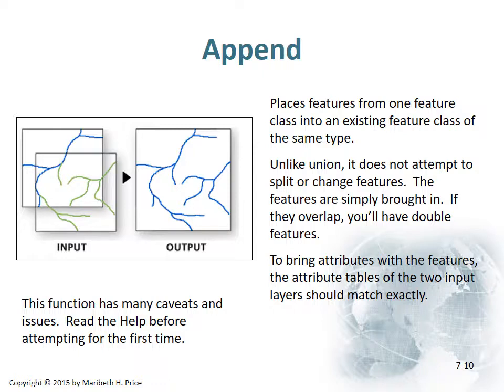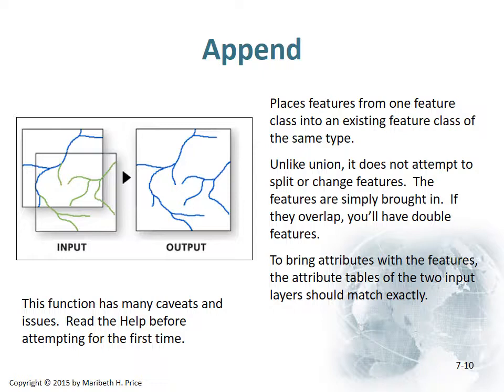Appending looks like a union, but it's not. It doesn't join those things together. They don't give the same output that a union would, or even an intersect. They are simply visually putting those things together in the output.